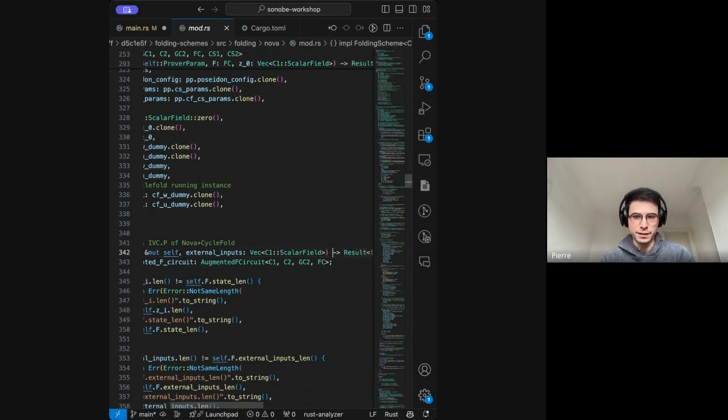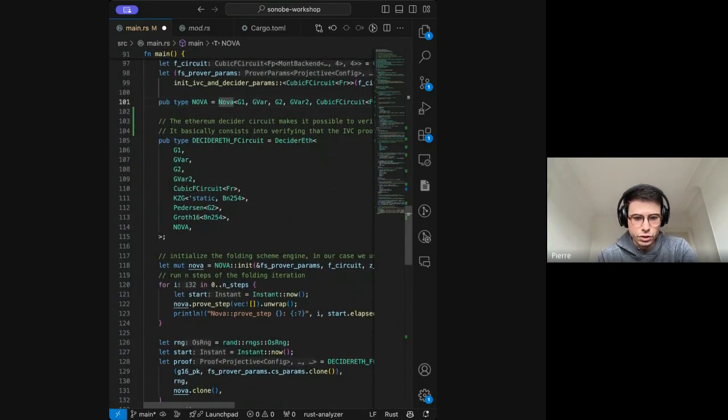It's not allocated FpVars yet. So you will just provide the external inputs as scalar field values, and Sonobe will handle allocating them as witnesses. So you don't have to worry about initializing FpVars. You just need to provide them as regular scalar field values.